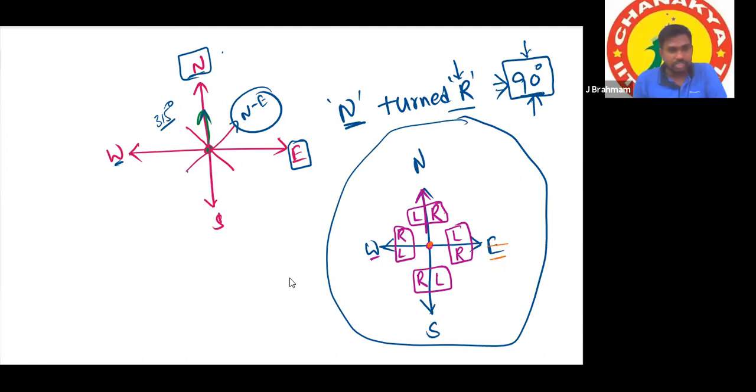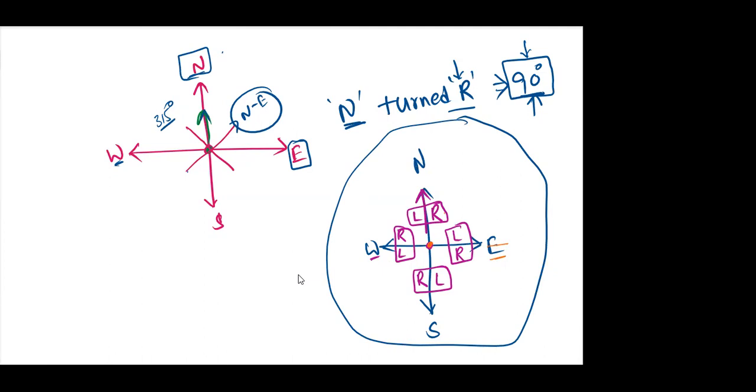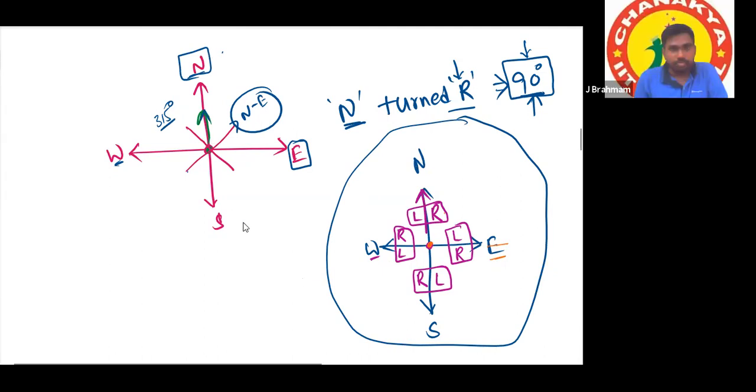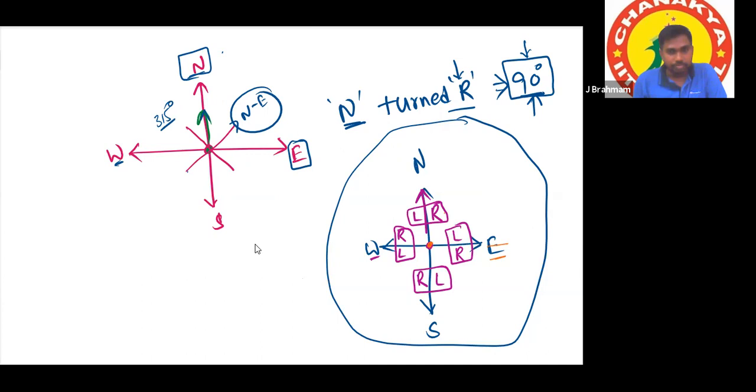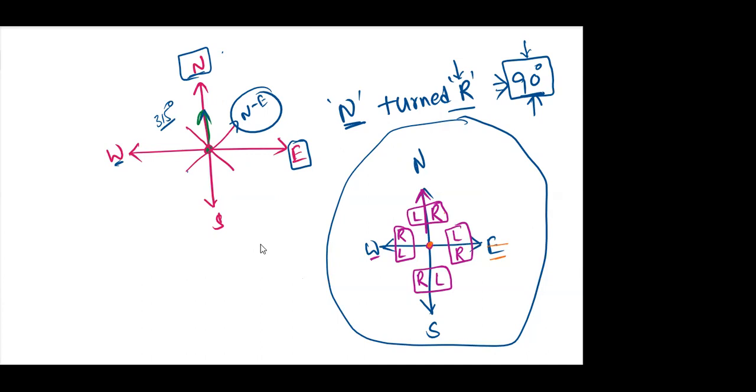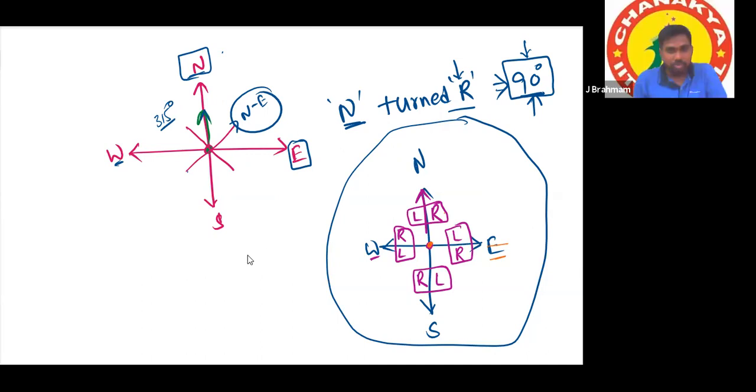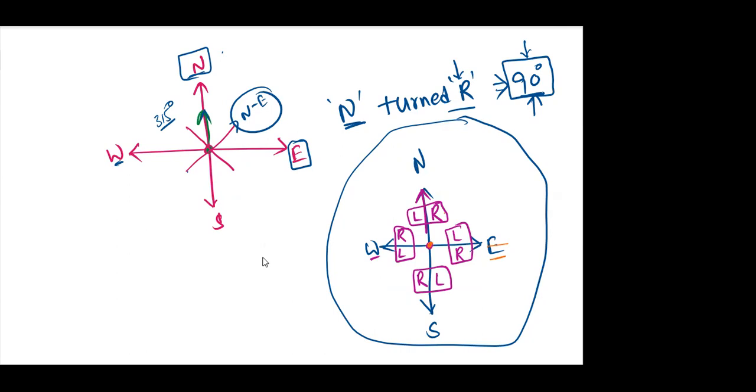Person facing west, left hand shows south. Person facing west, right hand shows north. Person facing east, left hand shows north. Person facing south, left hand shows east. Very good.